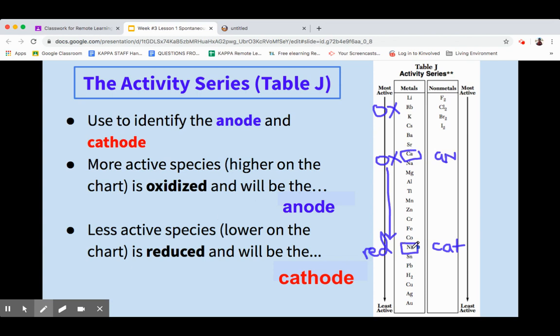And don't use calcium and nickel because I just did that one. So from the 2 elements that you chose, whatever was near the top of the chart is the oxidizing agent and the anode, and whatever was underneath is the reducing agent and the cathode.